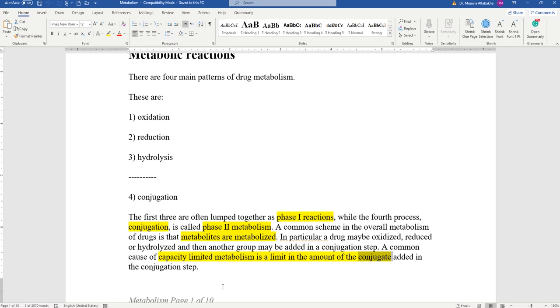Okay? Now how much is there of these molecules? Of course there is a limit. If you have a lot of drug or a lot of metabolite that need to be conjugated, there might not be enough groups or molecules in our liver to conjugate with the drug or its metabolites.